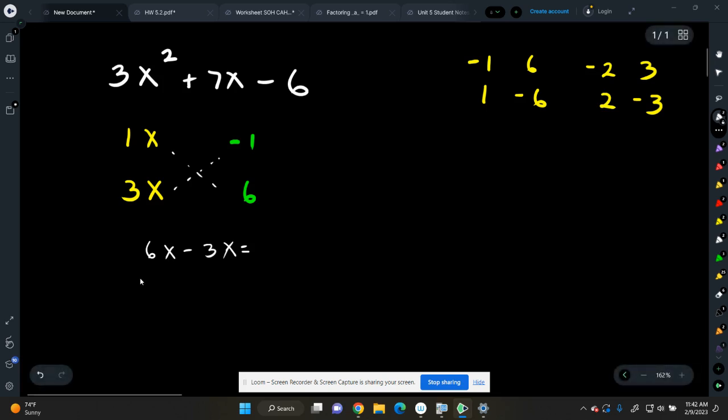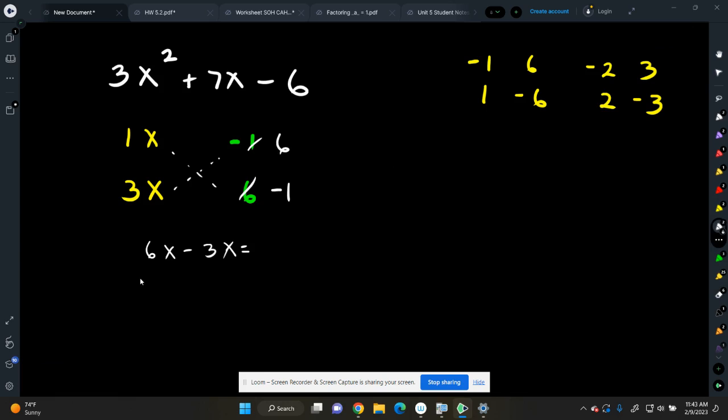Thank you. Okay. What if I were to switch the 1 and the 6? Would that help? No, because you can see if we switch the 1 and the 6, it's going to actually get worse. Because 3 times 6 is 18. So this is not going to work. If I change it to a 1 and a -6, is that going to help?